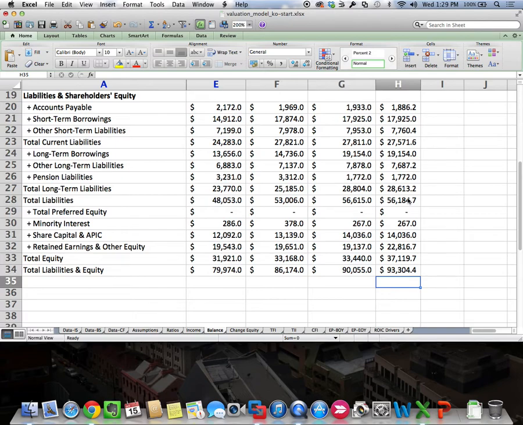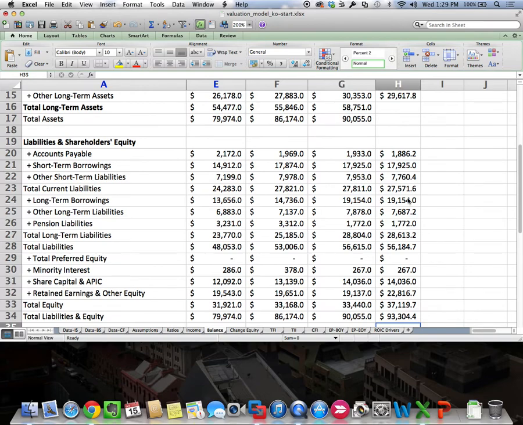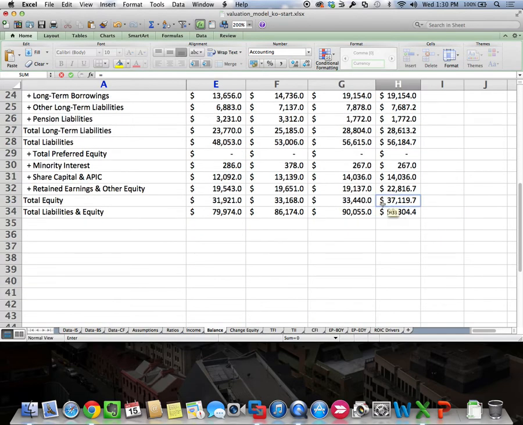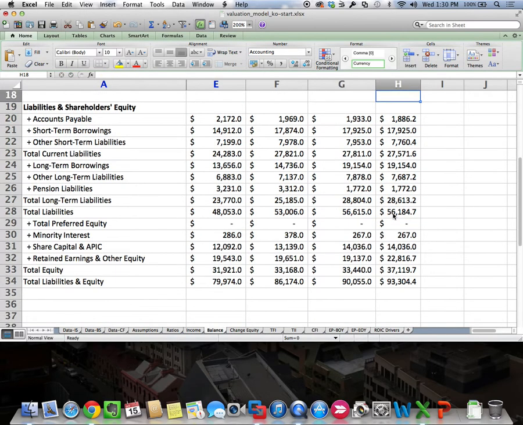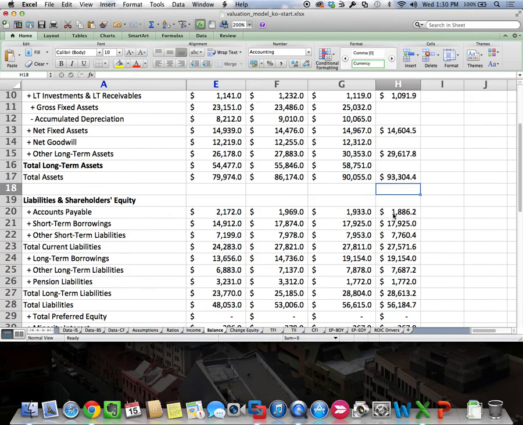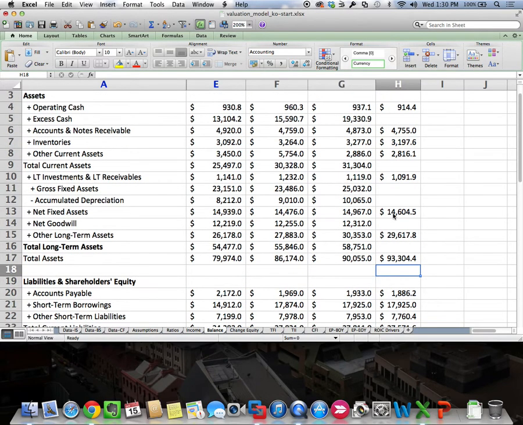Next, I want my balance sheet to balance. So here's how I'm going to do it. I'm going to force my balance sheet to balance. The way I'm going to force my balance sheet to balance is assets equals liabilities and equity. Right? So because I'm forcing my balance sheet to balance, my assets equaling my liabilities and equity, it means I've created the concept of what's going to be called a plug.